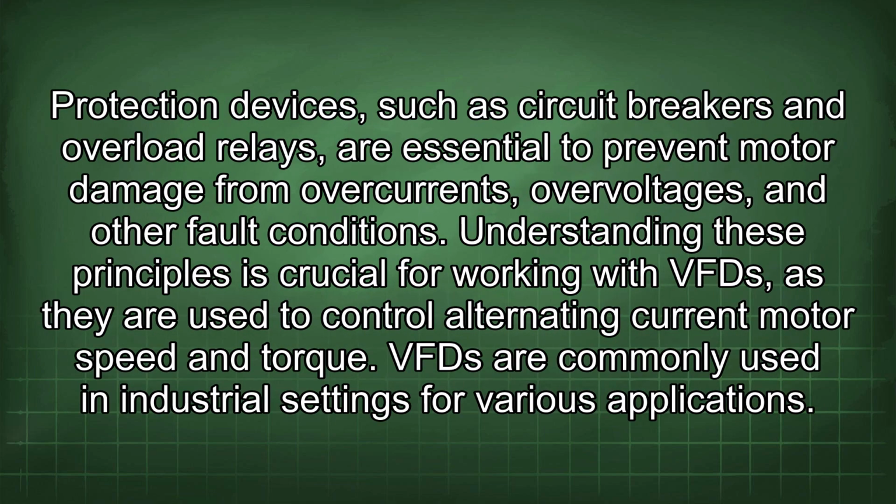Protection devices, such as circuit breakers and overload relays, are essential to prevent motor damage from overcurrents, overvoltages, and other fault conditions. Understanding these principles is crucial for working with VFDs, as they are used to control alternating current motor speed and torque.